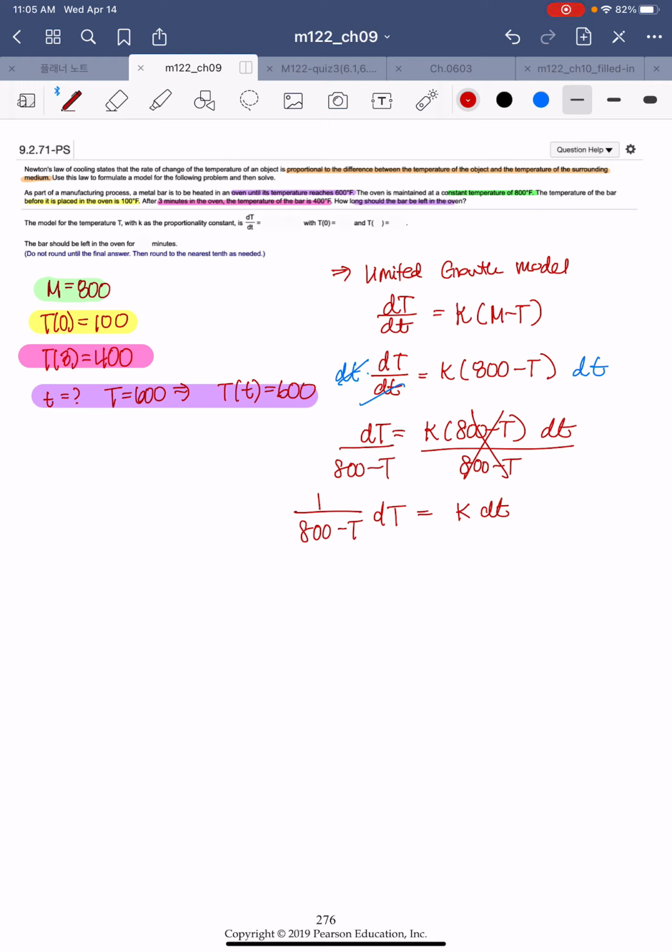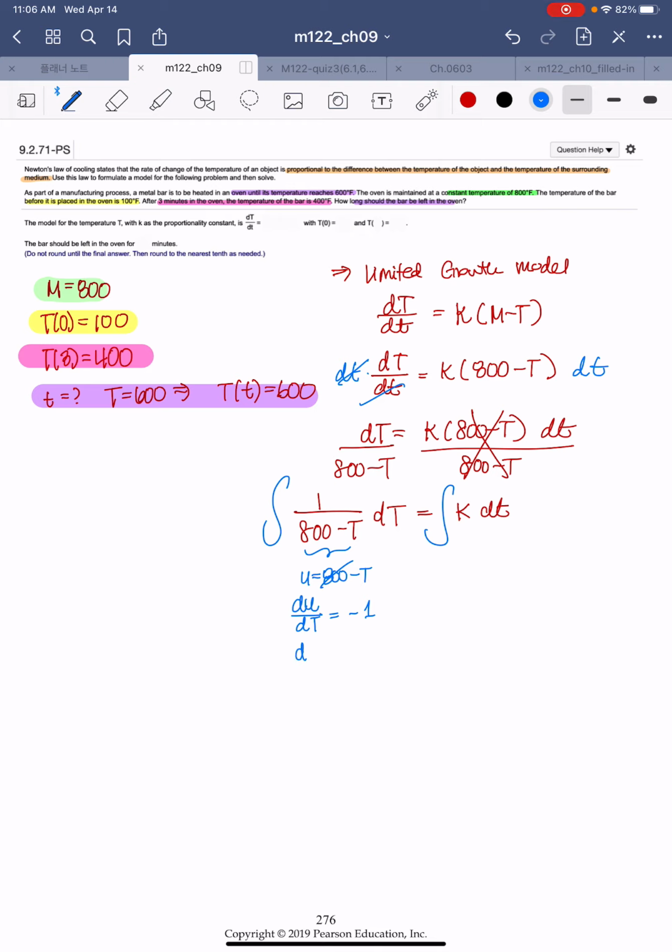So now we are ready to integrate. We already separated. Now we can have an integral on the left-hand side and right-hand side. Here, this part is a u substitution, so let's apply u substitution. u is equal to 800 minus T, so my du over dT, the constant disappears, so negative 1, because the derivative of negative T is negative 1.